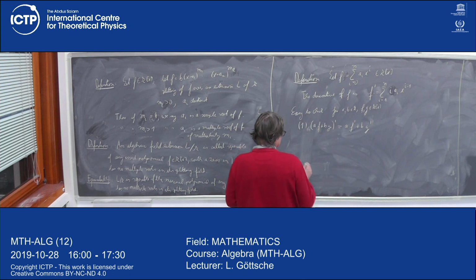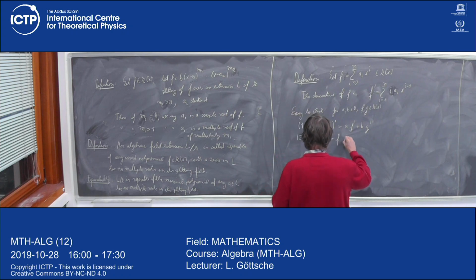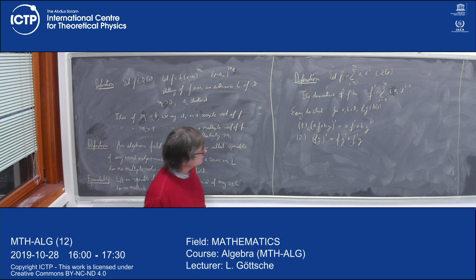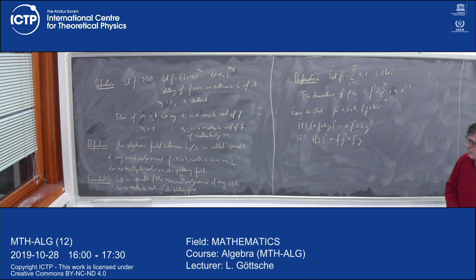That means the derivative is linear. The second statement is the Leibniz rule: the derivative of f times g is f times g prime plus f prime times g. One learns this in analysis, but here, if one just takes the formula, you can put it in and check that it's true.